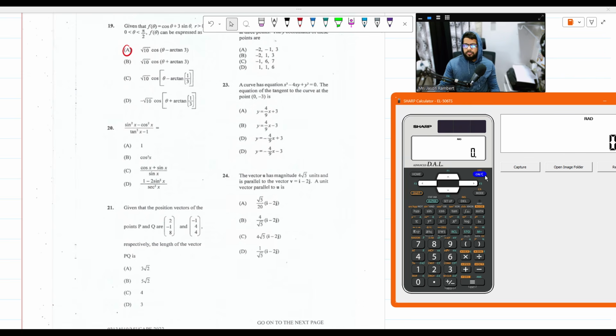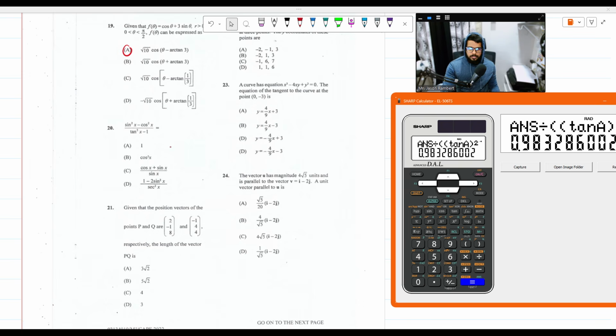I'm going to go through my good old-fashioned substituting the value. So I'm going to get sine A, I'm using the same value of A, squared, take away cosine A, open brackets, cosine A squared, is equal to that divided by open brackets, tan A all squared minus 1, close bracket. 0.983286002.